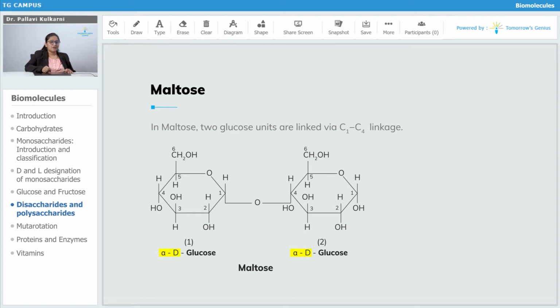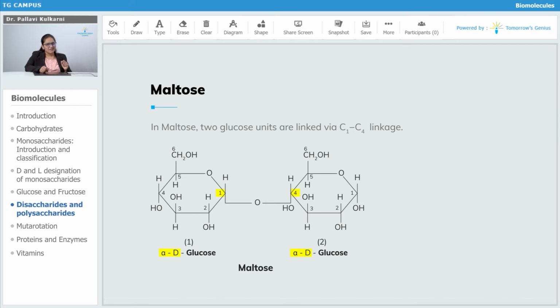Let us see the glycosidic linkage present in maltose. I am highlighting carbon number 1, the anomeric carbon of the first glucose unit. It is involved in the glycosidic linkage. In the other glucose unit, carbon number 4 is involved in the glycosidic linkage.